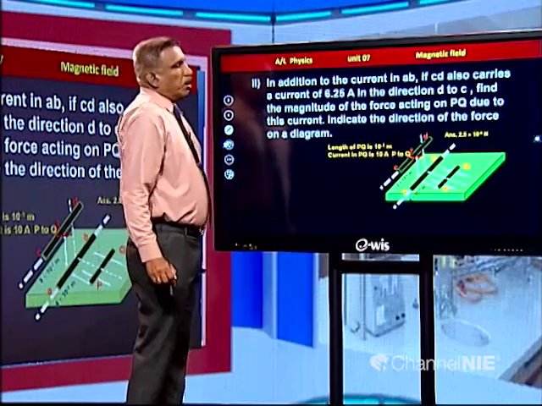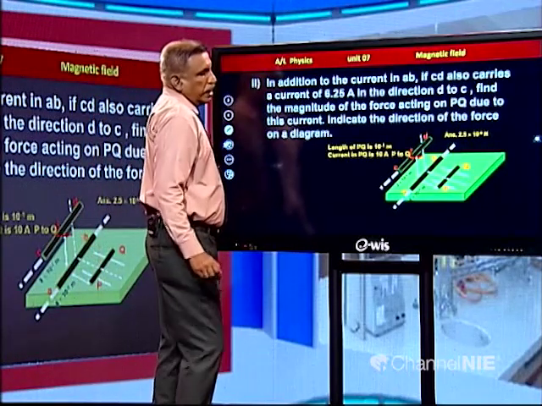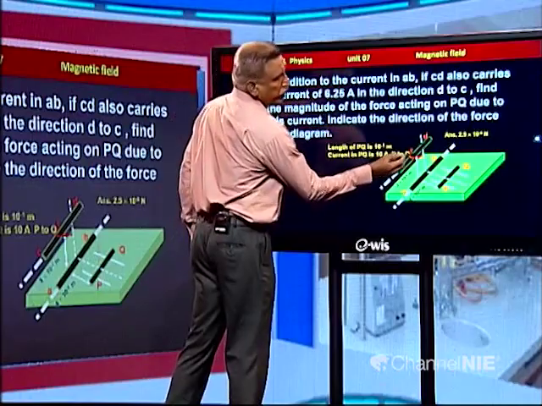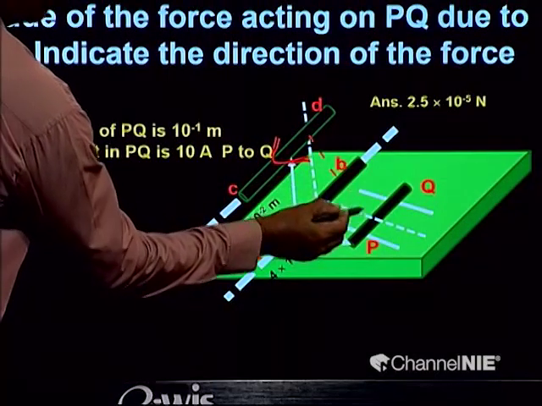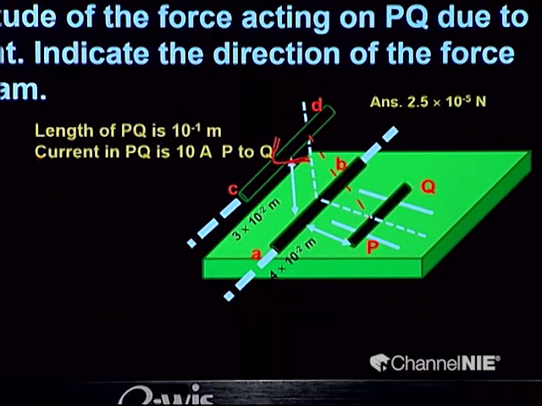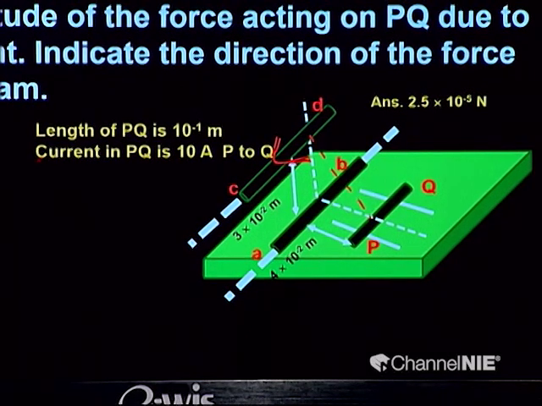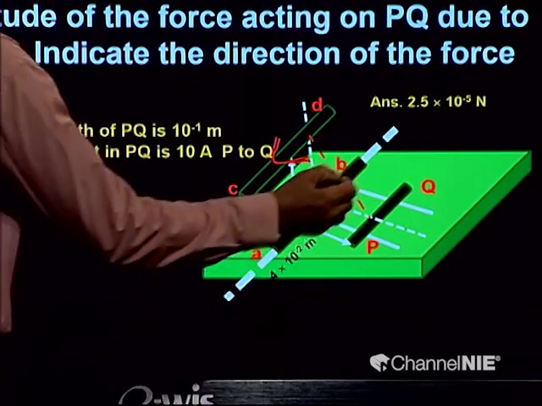So, joining these two conductors in a straight line, find the distance between these two conductors CD and PQ.